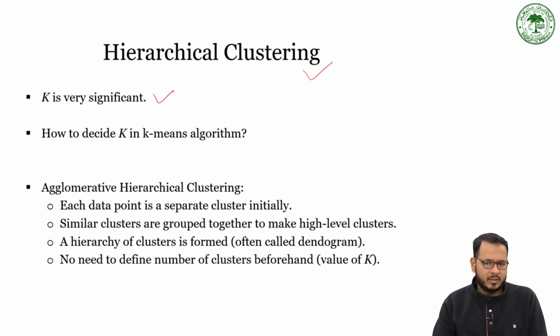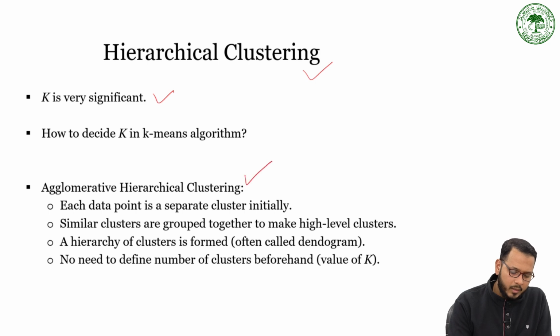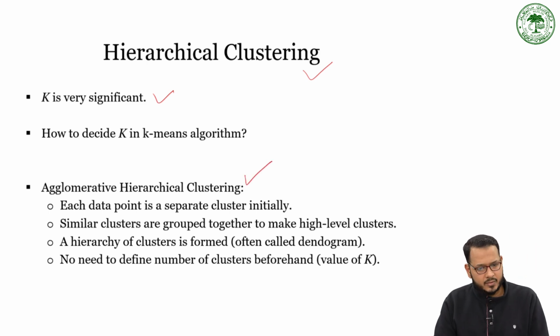On the other hand, divisive hierarchical clustering starts with all data points in one cluster and then recursively splits clusters into smaller groups. While conceptually simple, divisive hierarchical clustering is less commonly used in practice due to its computational complexity. That's why in today's lecture we will focus on agglomerative hierarchical clustering.